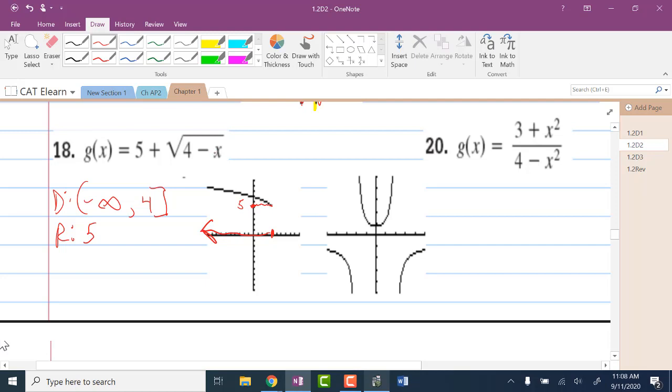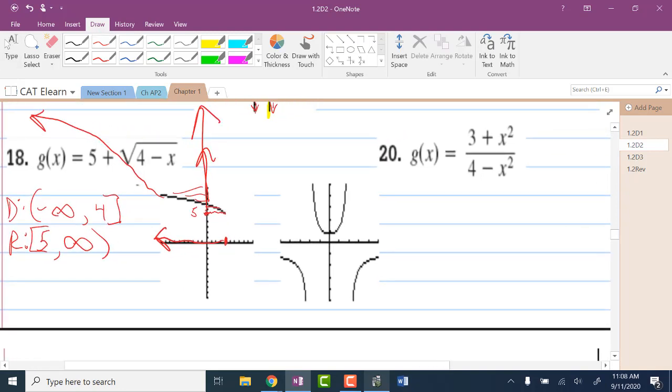Oh, okay. When I plug in 4, I get 5 as an output value. And then it looks like when I plug in other values, the y values keep going up. And if this graph keeps going up, it certainly does, then these y values keep going up. So the range is 5 to infinity. This is how you do range, my silly little friends.